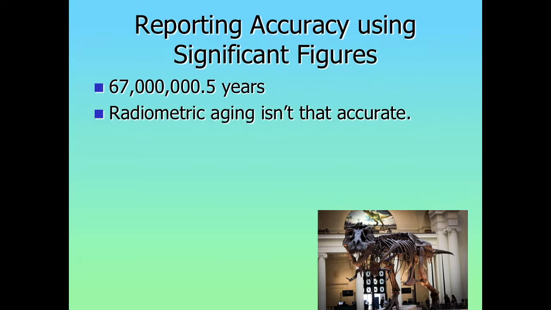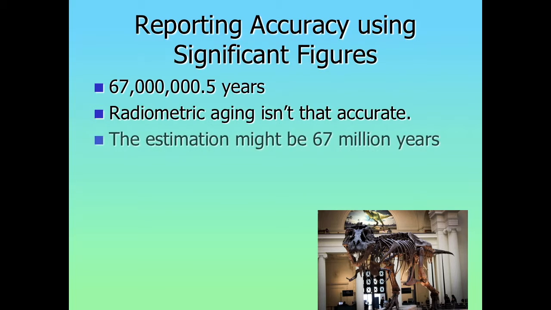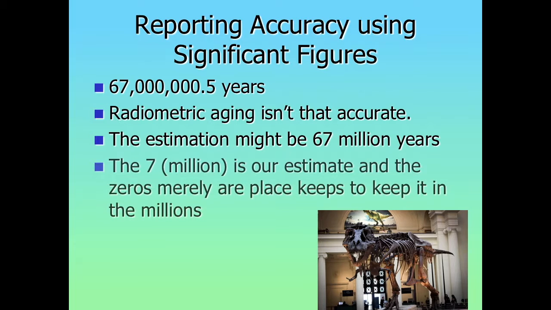So when the museum reports 67 million years old, the 7 is likely our estimate. So to indicate that, and that it could be 66 million years old or 68 million years old, we rounded to 67, and we just use those extra zeros to keep our place in 67 million years.